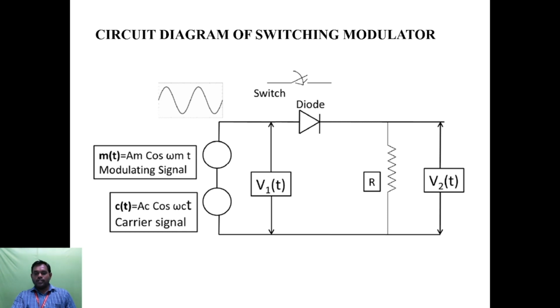The input of the diode is the sum of m of t and c of t. The diode operates as a switch, open or closed, and the output of the diode is connected to the resistor. The total output voltage is V2 of t. So this is the circuit diagram of the switching modulator.